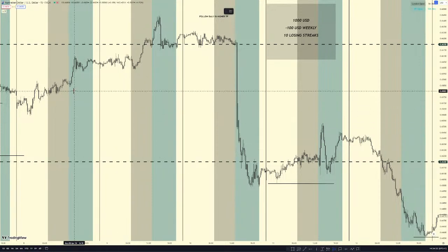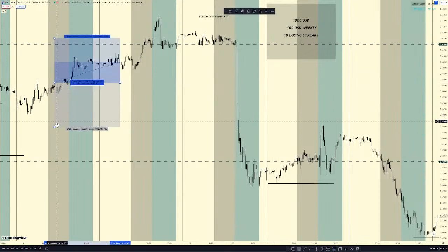Long position. If you are willing to risk $10, the profit you should be gaining should compensate you enough for your loss.